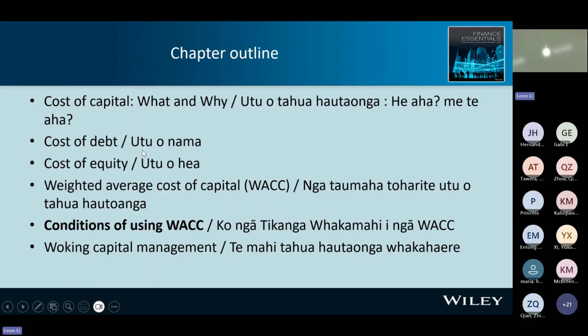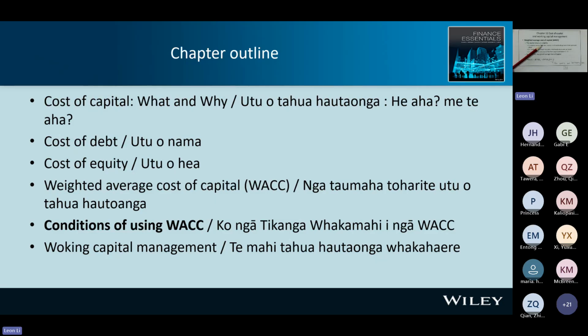So we finished the discussion on the weighted average cost of capital. So let me review some key concepts for you. Okay, WACC. So when I think about WACC, I need two types of information.